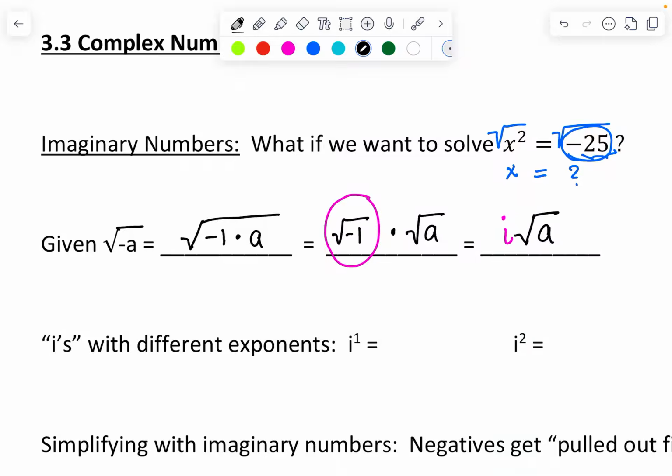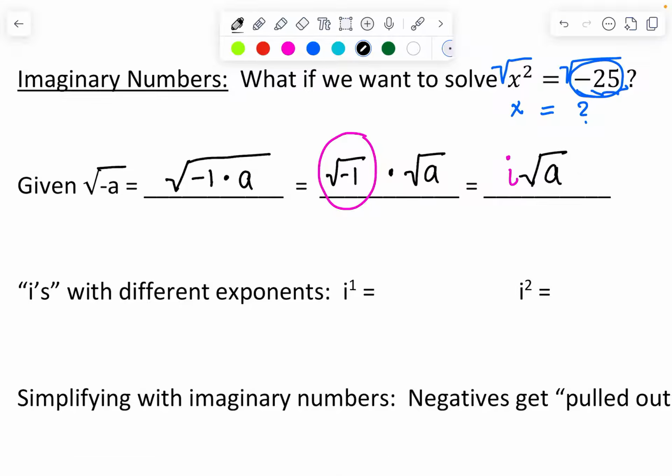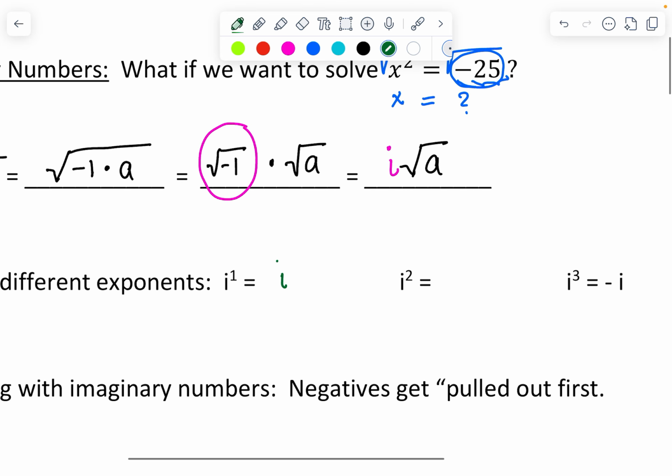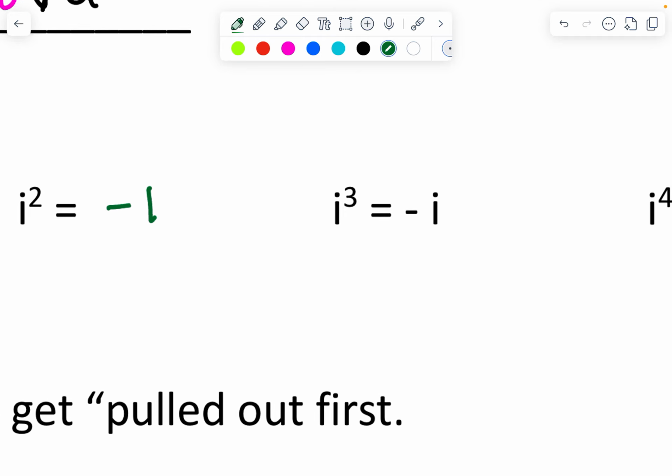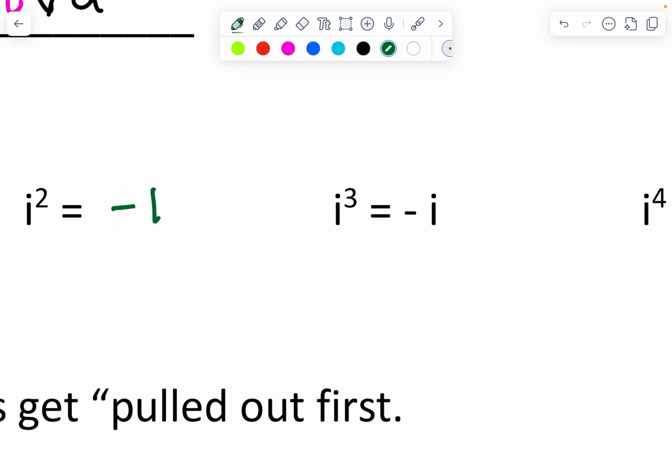So i's with different exponents. If we have i to the first power, well, folks, that's just i. If we have i to the second power, that's going to be a negative 1. So that would mean that i to the third power is equal to a negative i, because this breaks down to i squared times i, and i squared is a negative 1 times i.